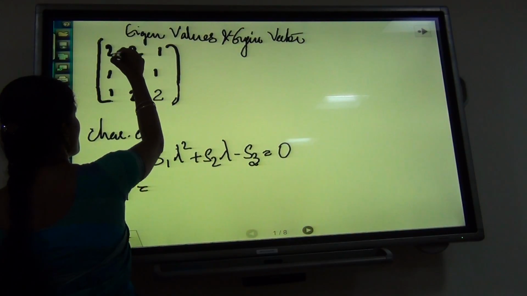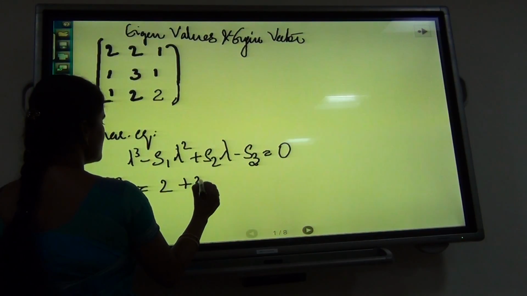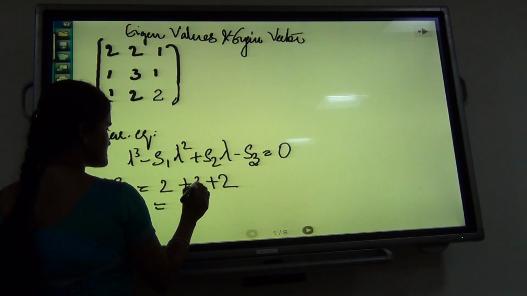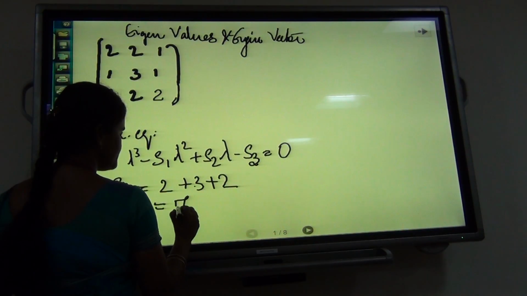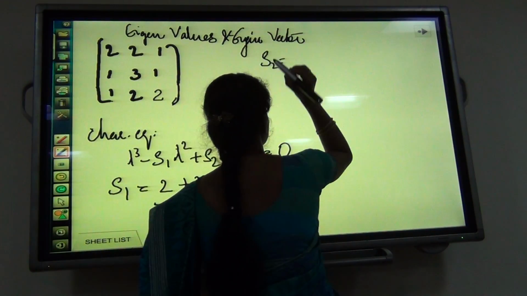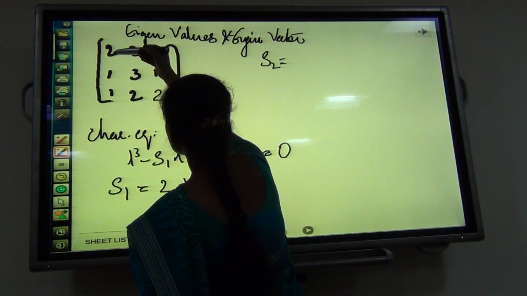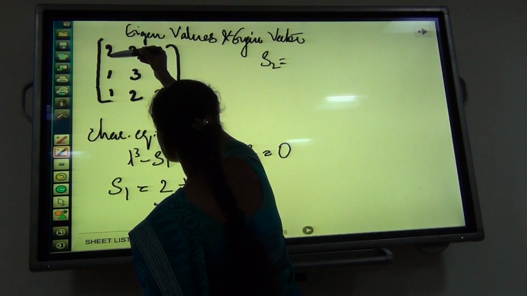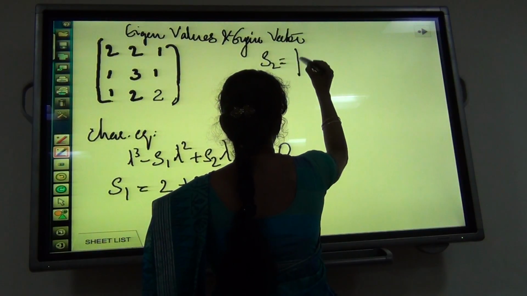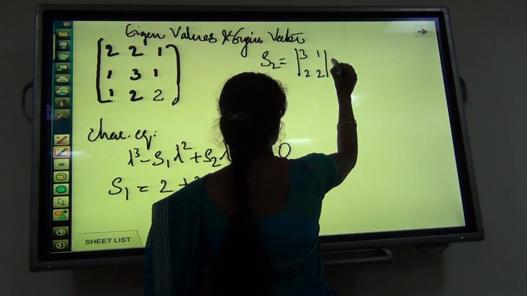S1 is the sum of the leading diagonal elements, that is 2, the second leading diagonal element 3, and the last leading diagonal element 2. So 2 plus 3 is 5, plus 2, it is 7. Let us find S2. S2 is the sum of the determinants of the minor matrices of the leading diagonal elements. To get the minor matrix of the first leading element, you neglect the corresponding row and column, and the remaining is the minor matrix.